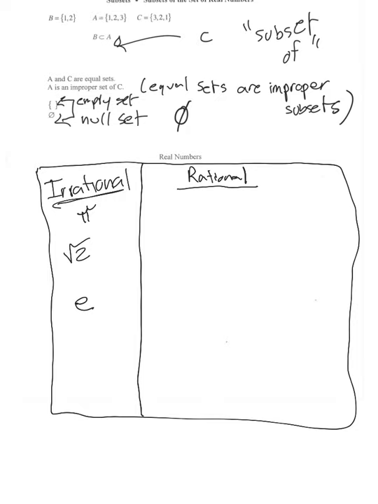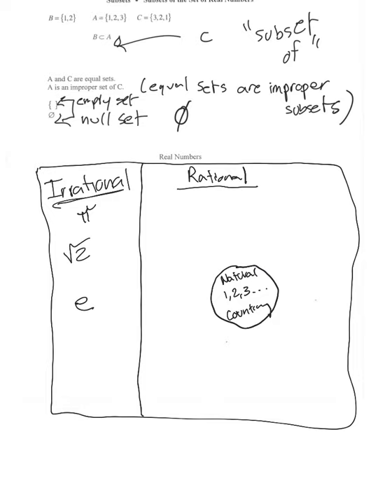So starting with the most restrictive subset, you have what are called natural numbers or counting numbers. And this is your most basic values, and that's 1, 2, 3, etc. Your counting numbers, when you count things.